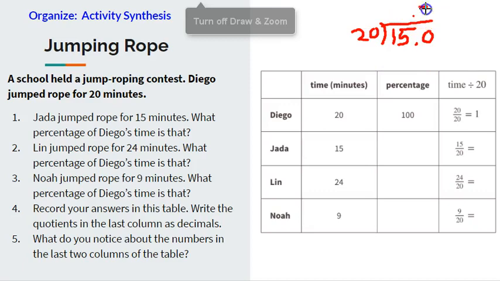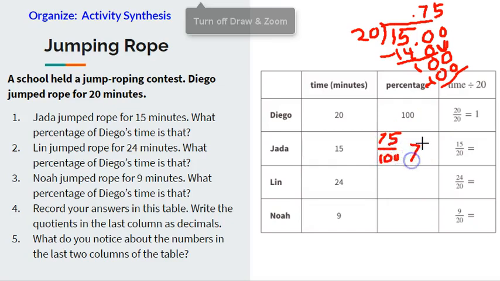We just need to add our decimal. 20 will go into 150 7 times, that gets us 140, subtract and get 10. 20 will go into 100 5 times. Subtract that out, we get 0. So it's 75 hundredths, right? And 75 hundredths is the same as writing 75%.